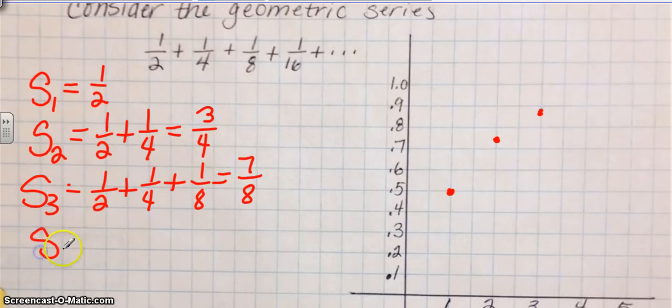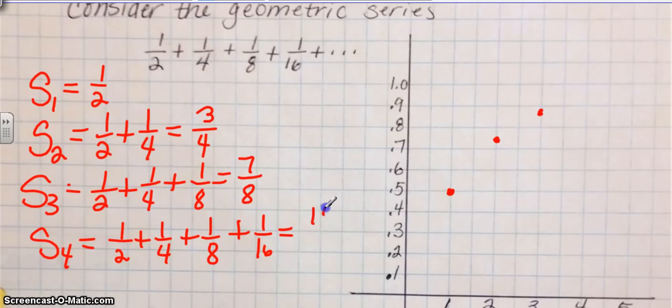My fourth sum, I add the first 4 terms, which gives me 15/16. So at 4, I am about here. Do you see what's happening? I'm getting closer and closer and closer to this. Closer and closer and closer to 1.